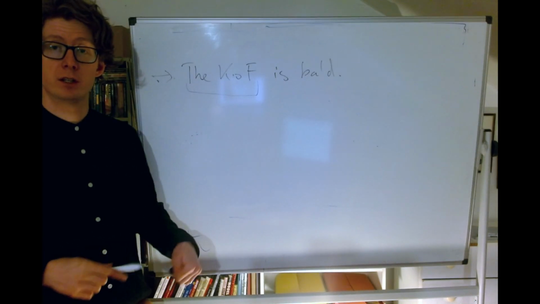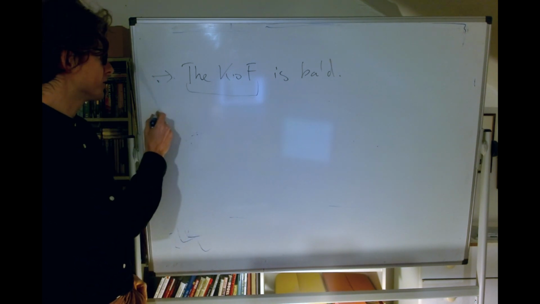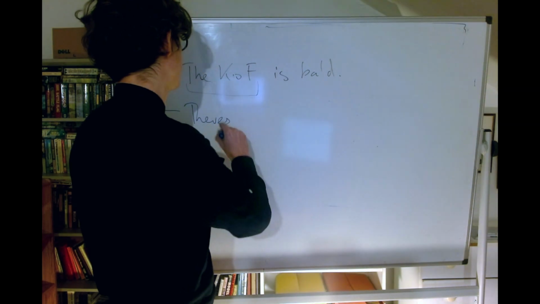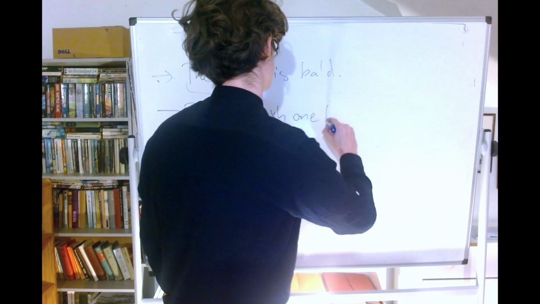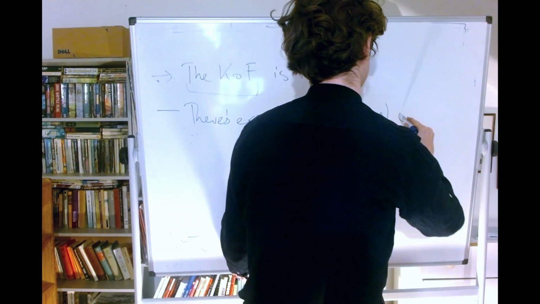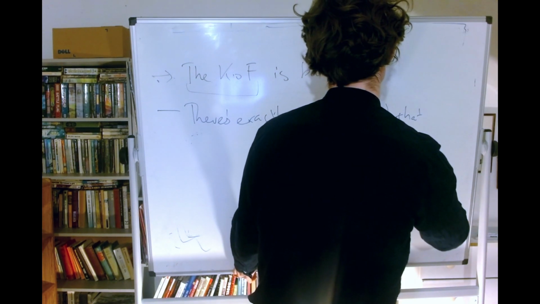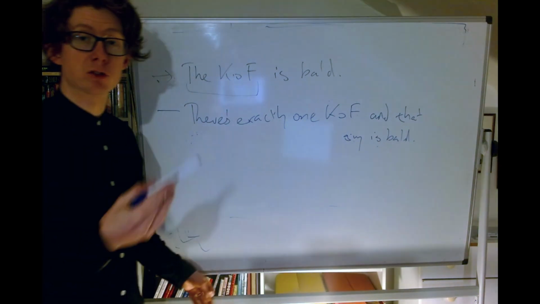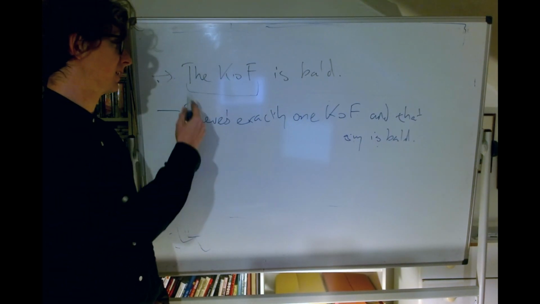Russell's solution, given his theory of descriptions, is this. On Russell's theory, here's what that sentence says. There's exactly one King of France, and that guy is bald. Because remember, Russell told us in general what sentences involving descriptions like this mean.